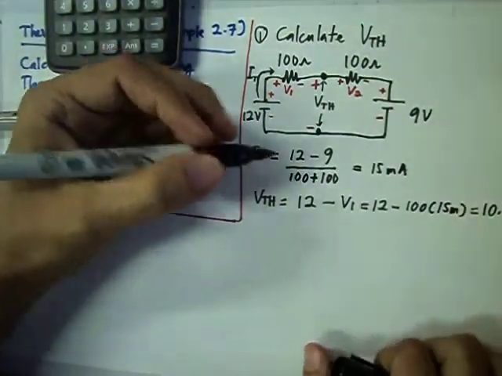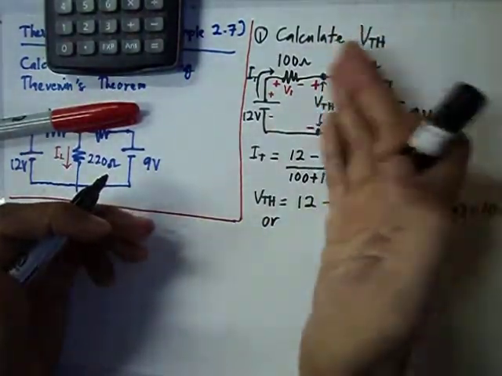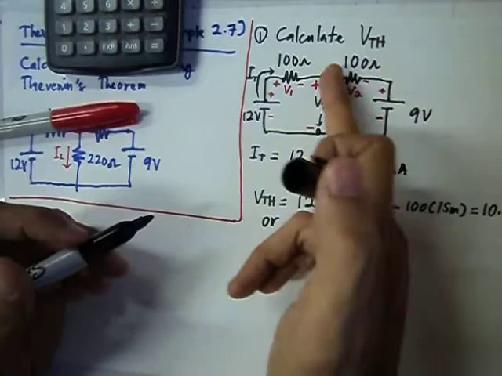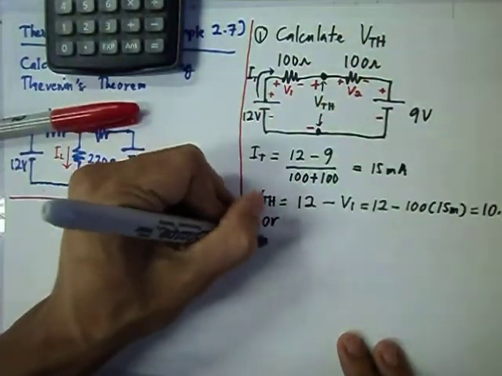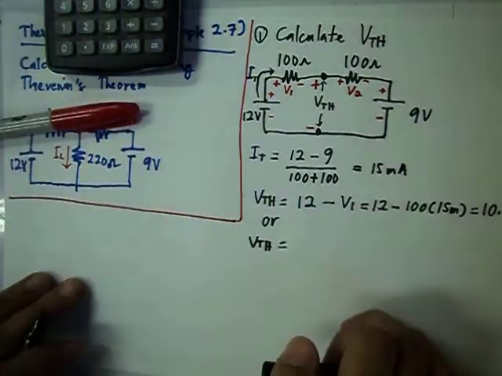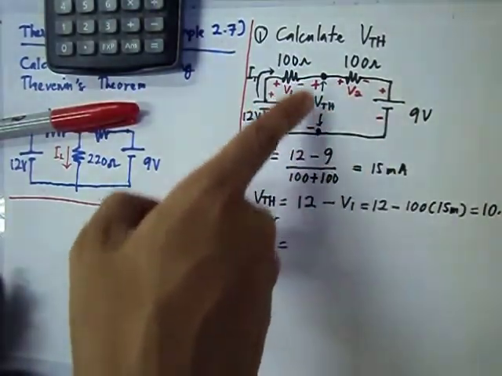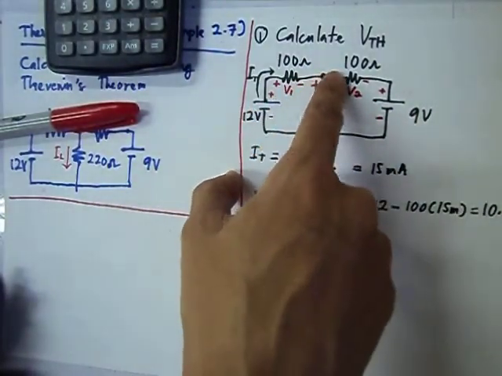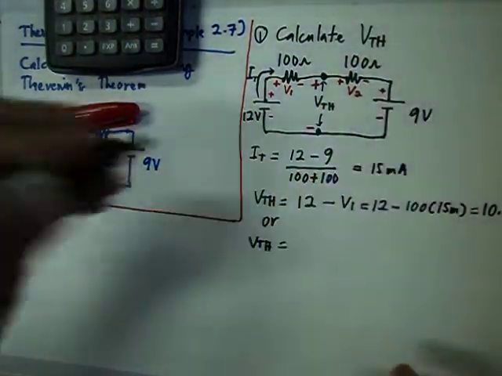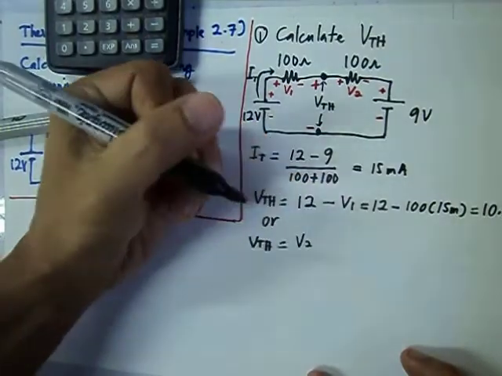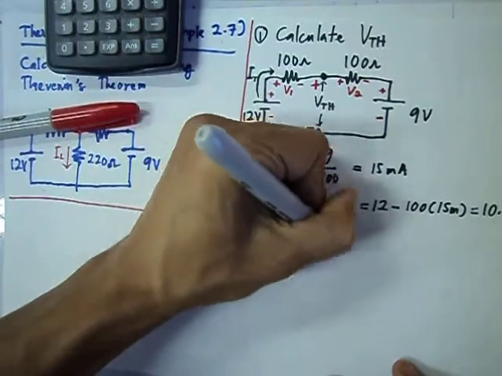Or if you refer to the right side of the circuit, we have the 100 ohm and 9 volt. VTH equals the voltage drop V2, which is in the same direction as VTH, so positive faces positive, so it equals V2, and the 9 volt is in the same direction as VTH, so it is plus 9.